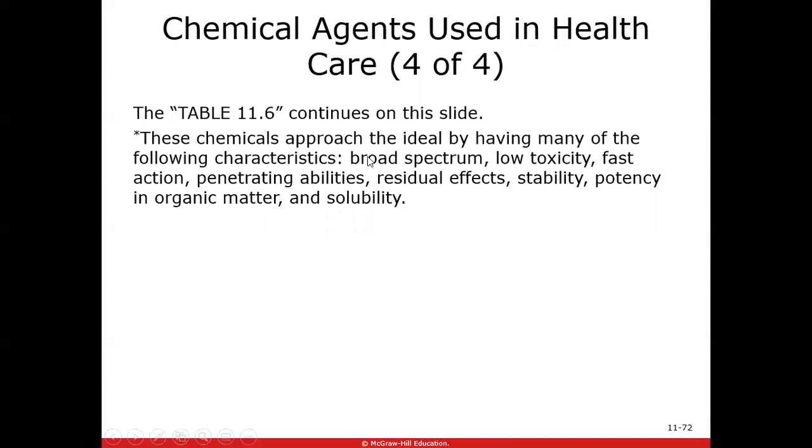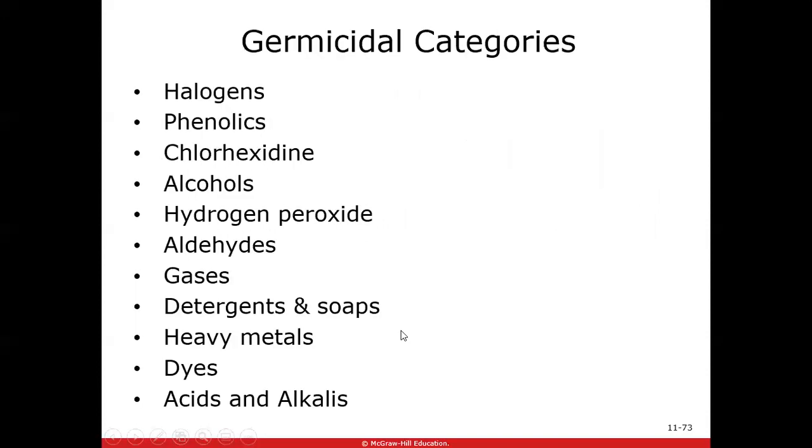It has good penetrating ability and has residual effects. If it's on the surface, it'll keep killing. It's very stable. It's potent even in organic matter, and it can be diluted. Okay? So here are some of the germicidal categories.